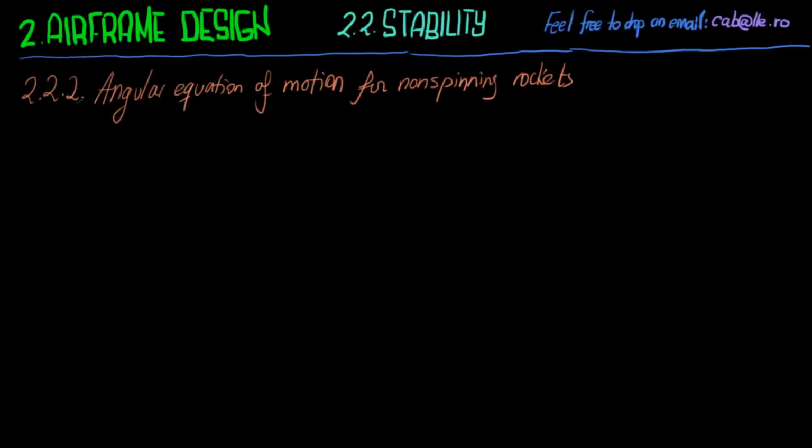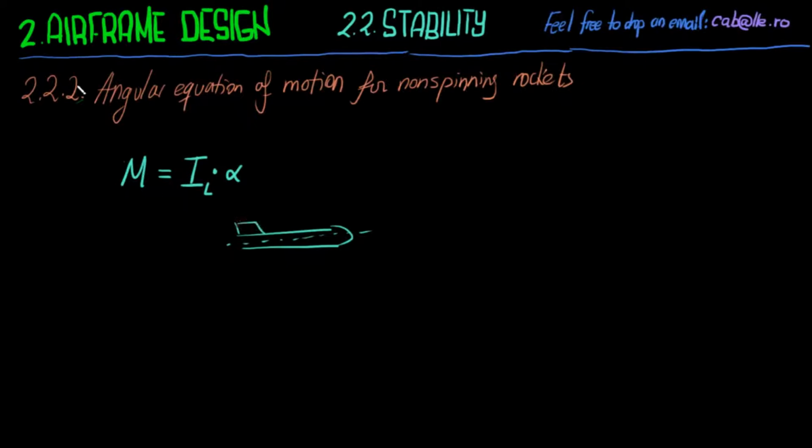So for non-spinning rockets, the angular equation of motion is simply the sum of moments equals the longitudinal moment of inertia. First and last time I'm going to put the subscript L for the moment of inertia. When I talk about the moment of inertia, it's obviously the longitudinal moment of inertia of the rocket.